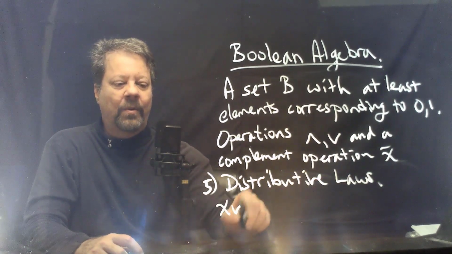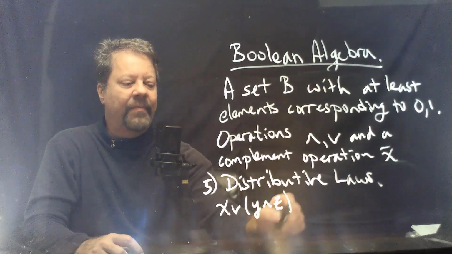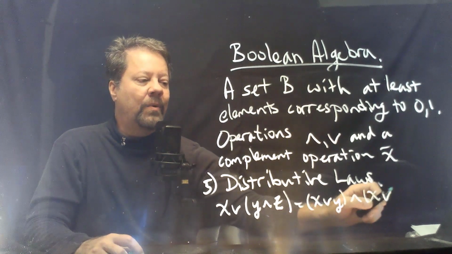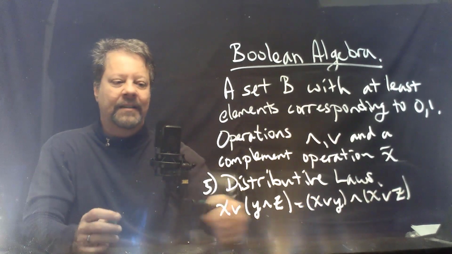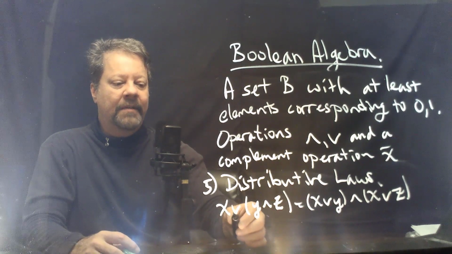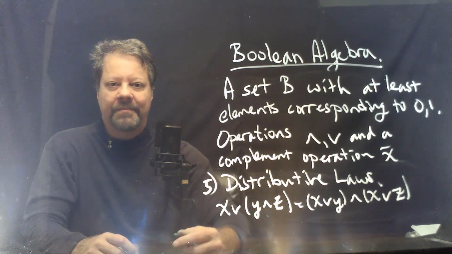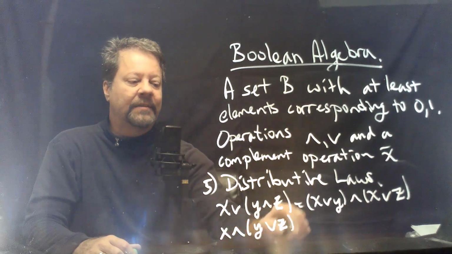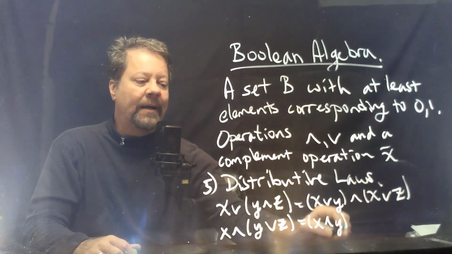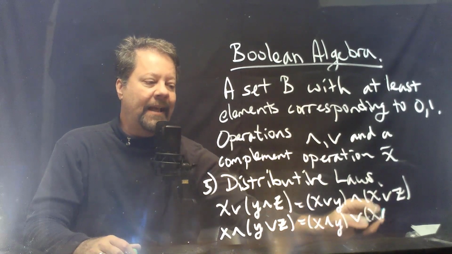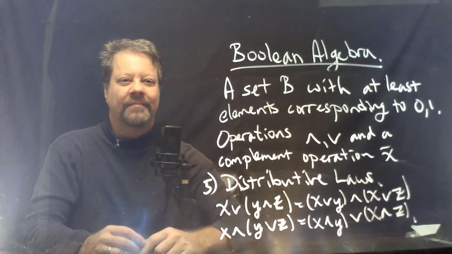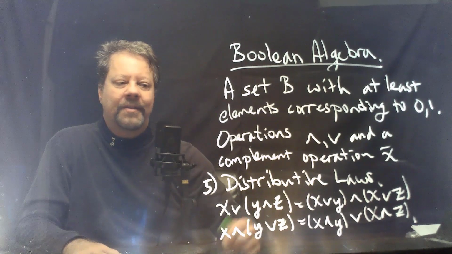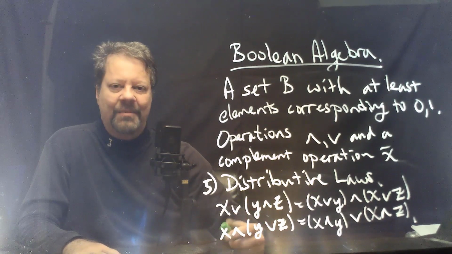So that x or y and z will be x or y and x or z, where we're distributing the disjunction over the conjunction here. And it has to go the other way around too. x and y or z equals x and y or x and z. So any set that satisfies all of these conditions will be called a Boolean algebra.